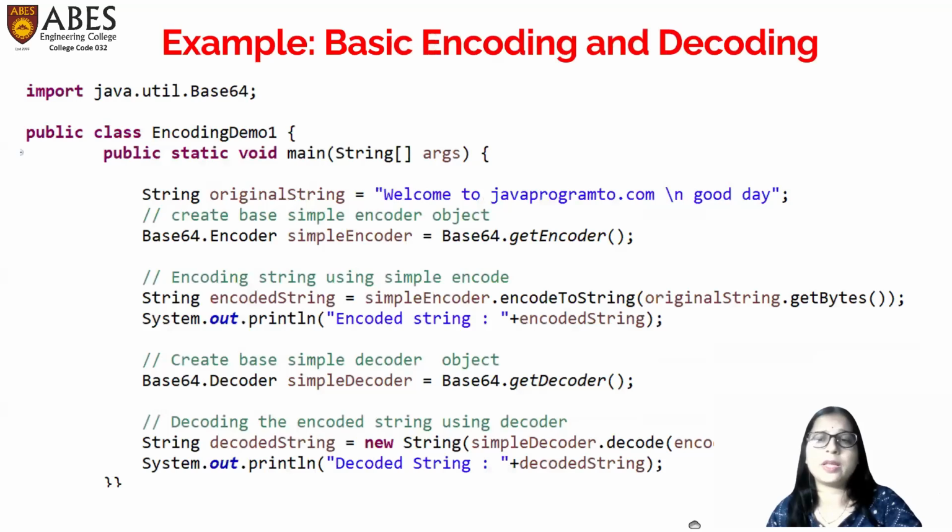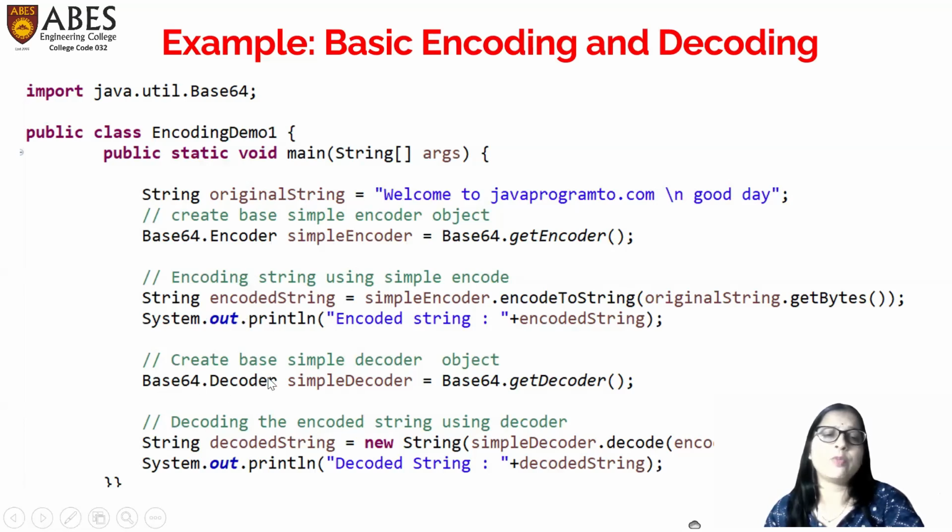So this is an example code that shows the basic encoding of a message. You may see the first line, original string, Welcome to Java program. With the help of the class Base64 and the method getEncoder, you may encode and then convert that into an array of bytes to get the encoded string.